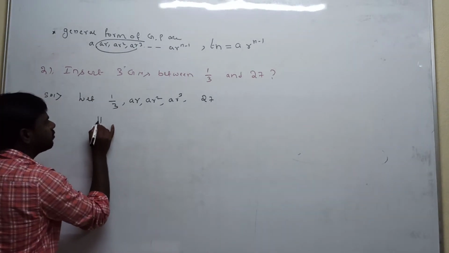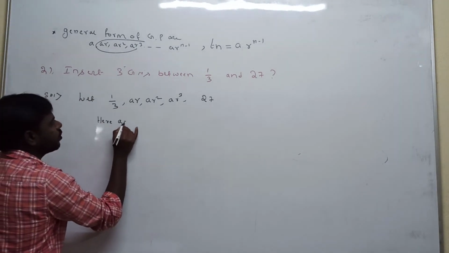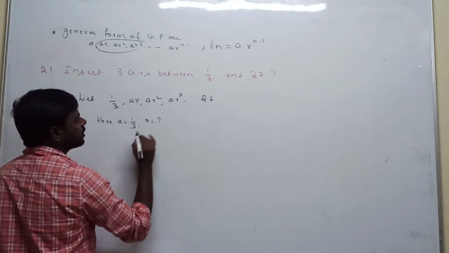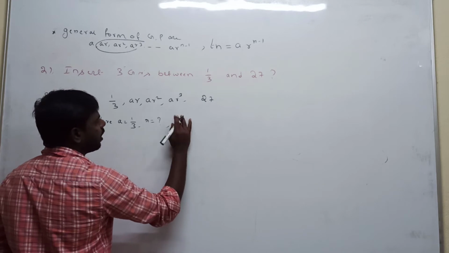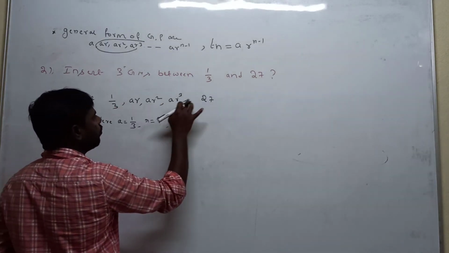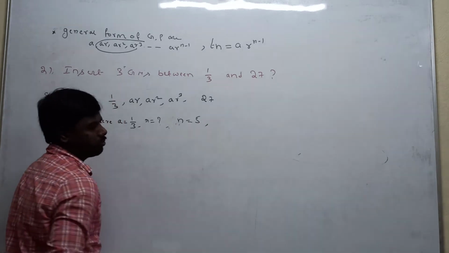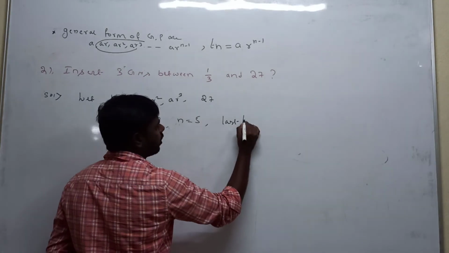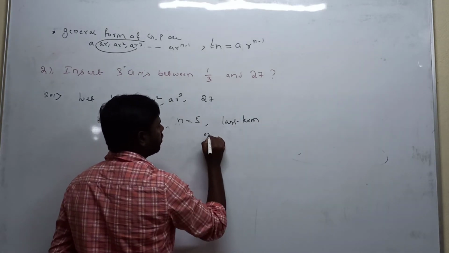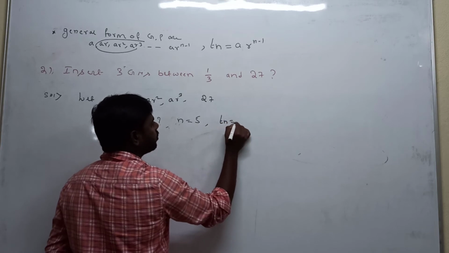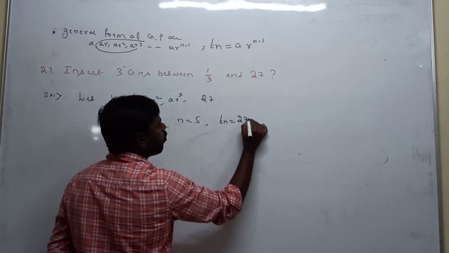Now here a is equal to 1 by 3, and r we need to calculate. n is equal to how many elements? 1, 2, 3, 4, 5. So n is equal to 5. So the last term, or nth term, is equal to 27.